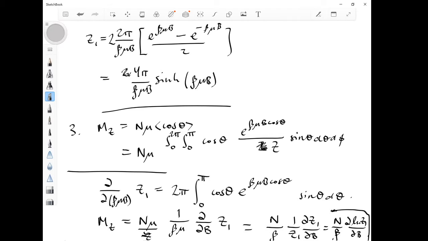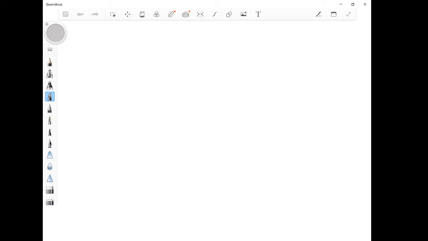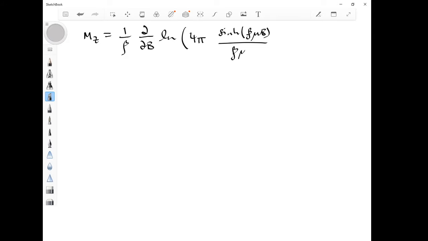So we have our result from before, which is that the mean magnetic moment in the z direction is equal to, hold on, for a single dipole, so let's get rid of the n, 1 on beta d by dB of the log of the partition function for a single particle, which is 4 pi sine of beta mu b all over beta mu b.